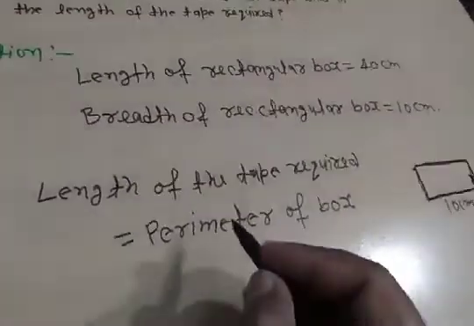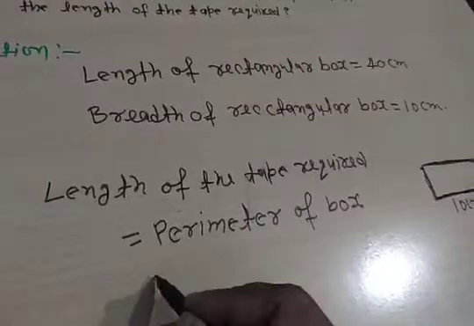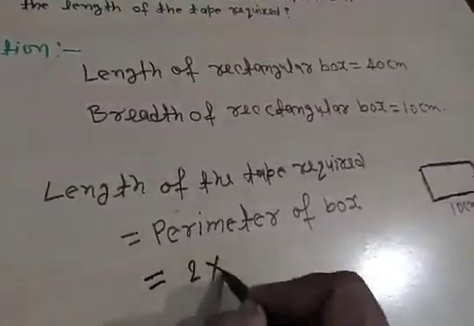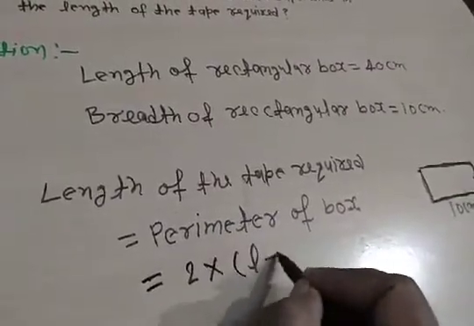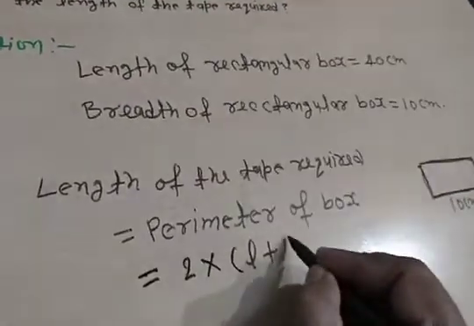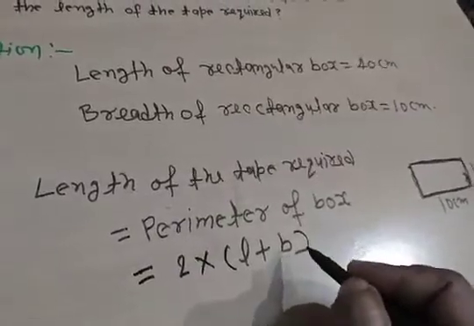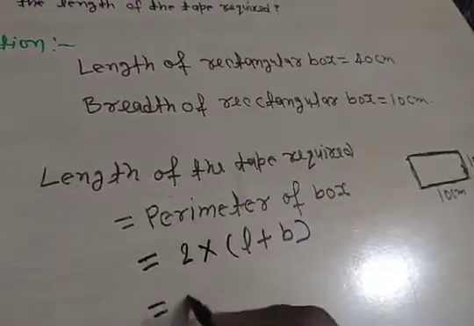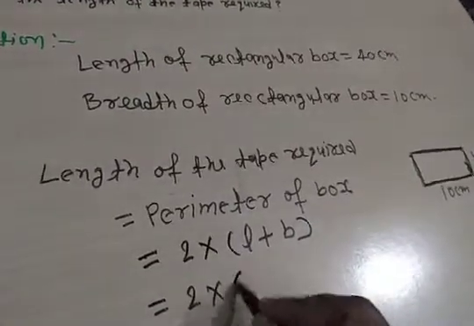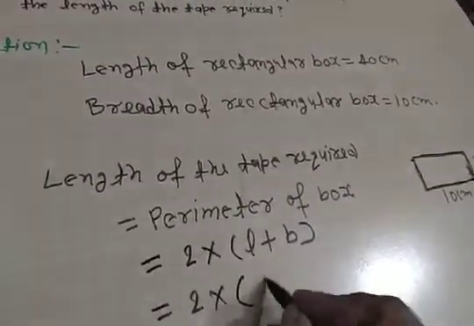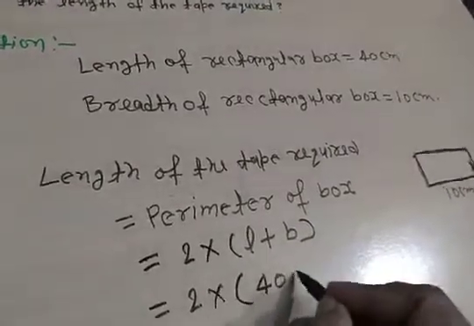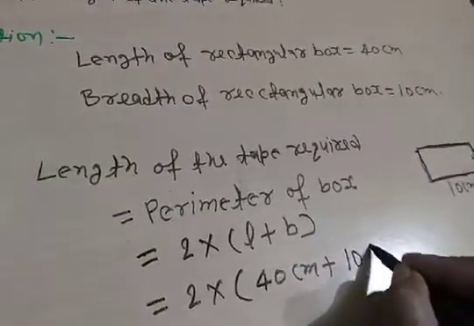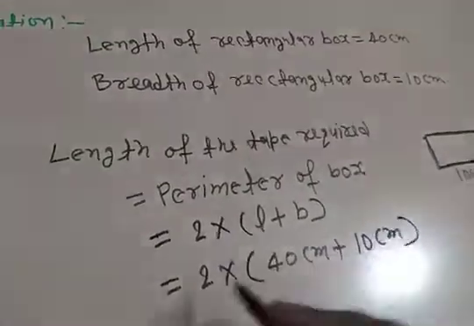Because the box is in the shape of a rectangle, we use the formula 2 into (length plus breadth). For length we write L and for breadth we write B. Clear? So here 2 into (length, which is given as 40 centimeters, plus breadth, also given as 10 centimeters).